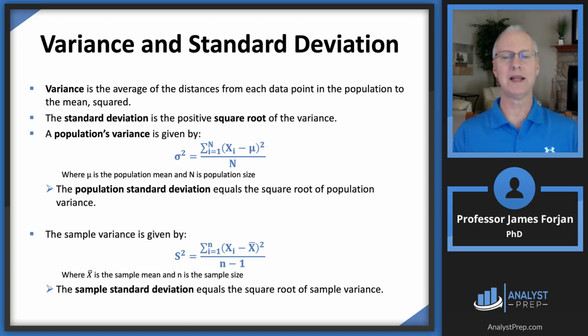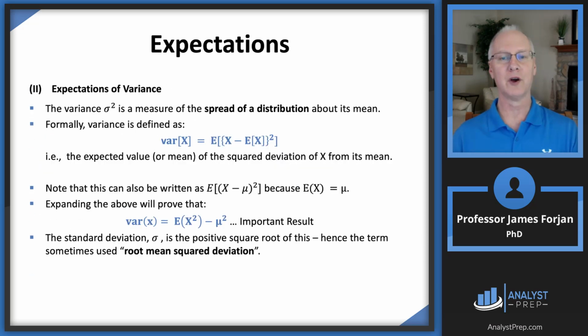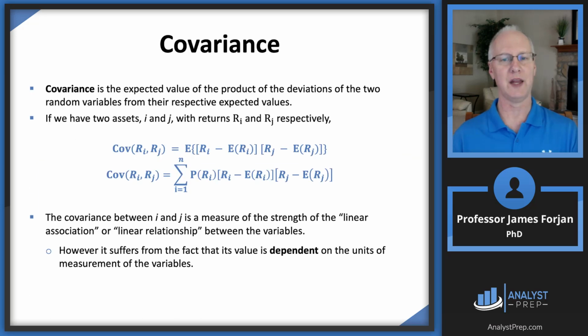I could rewrite that as x sub i minus x bar times x sub i minus x bar, right? So I want you to think of it not with the 2 up there in the superscript, but as two (x sub i minus x bar) terms.